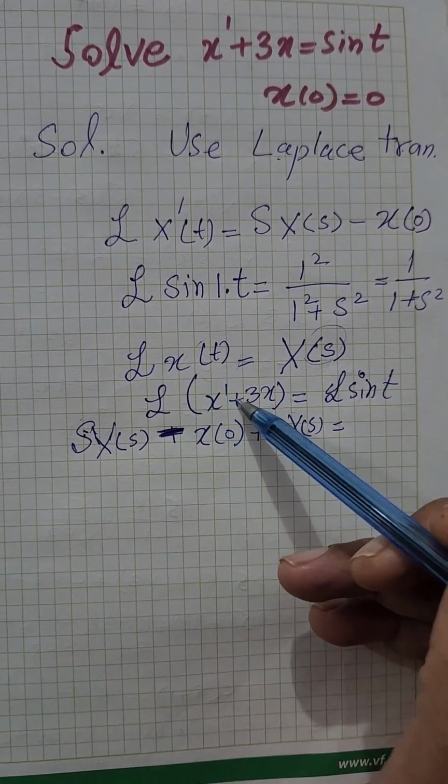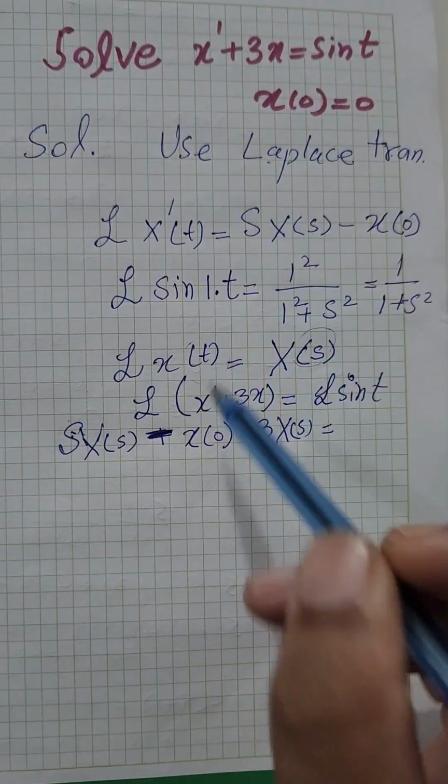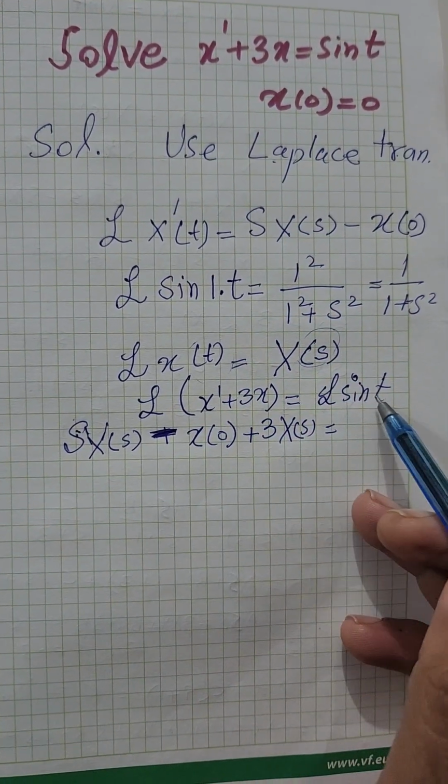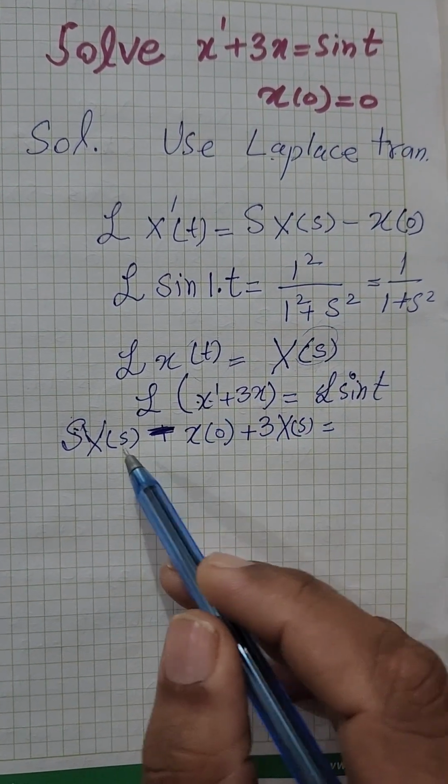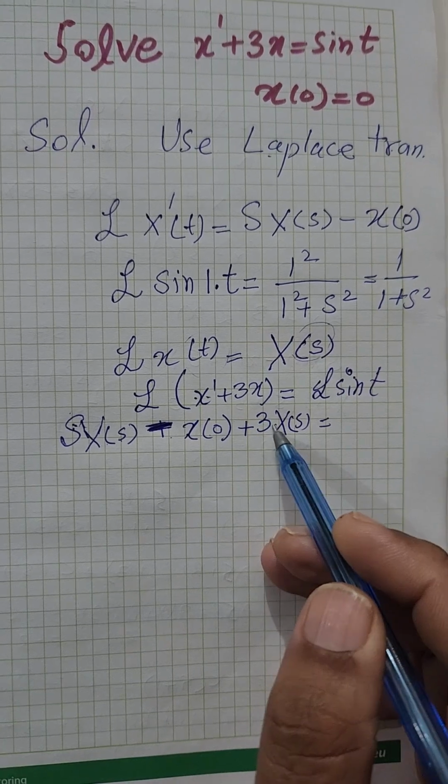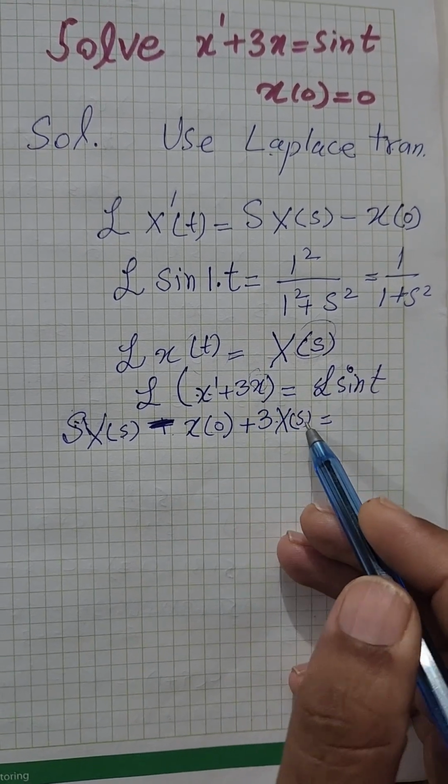Taking Laplace on both sides of the given equation, Laplace of x prime plus 3x equals Laplace of sine of t. Laplace of x prime is s X of s minus x of 0, plus 3 times Laplace of x of t, which is just X of s.